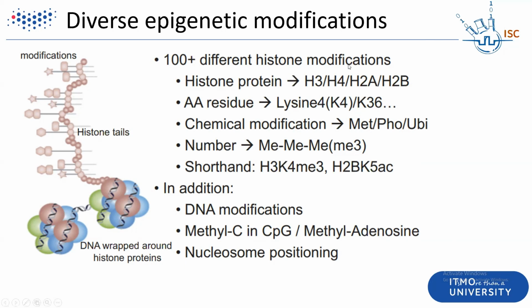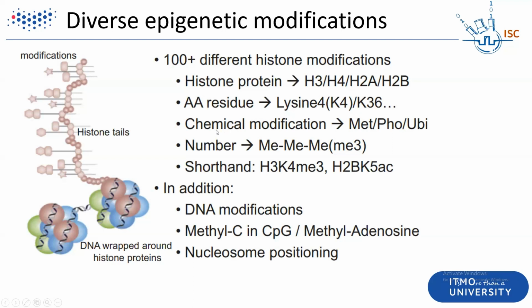The more information on the diverse epigenetic modifications is that more than 100 different histone modifications are present. They can include histone proteins like H3, H4, H2A, and H2B. There are some amino acid residues which are affected, in particular lysine, lysine 4 as K4, K36.